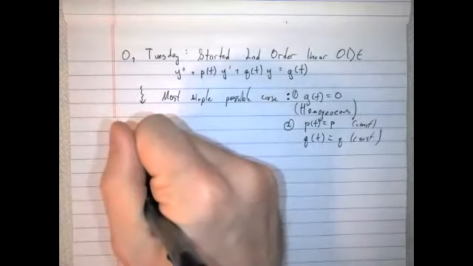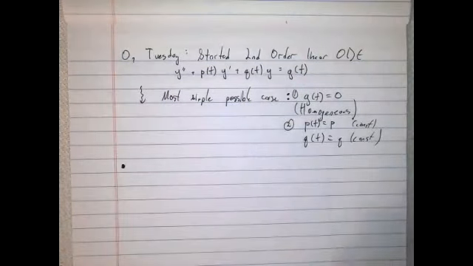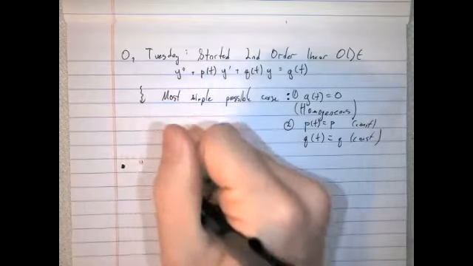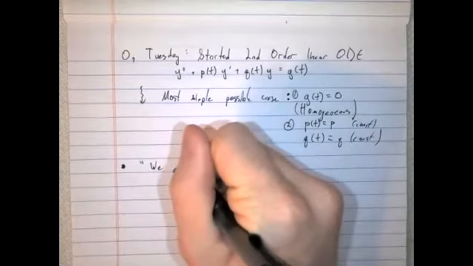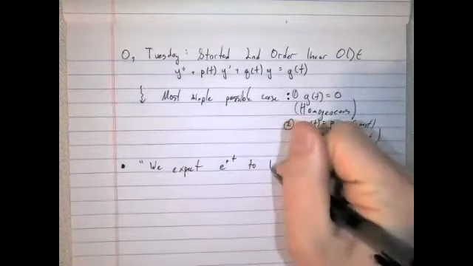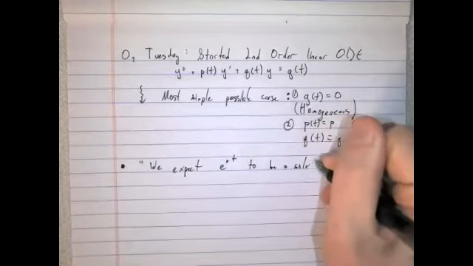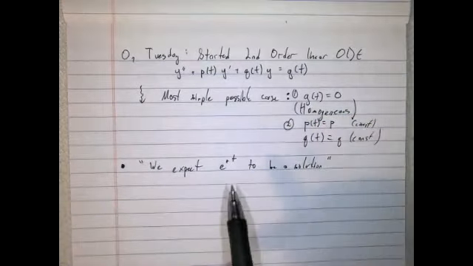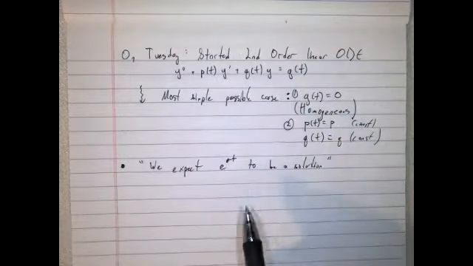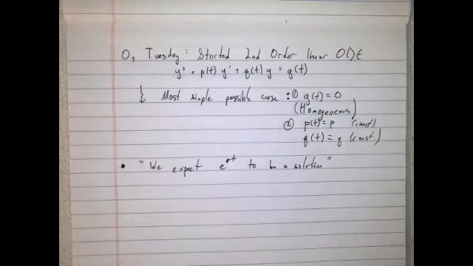Okay, and then what are the things that we found? Well, I'll start us off. One thing that we found is that we expect e to the RT to be a solution, right? For some r. And what r is supposed to make this work?